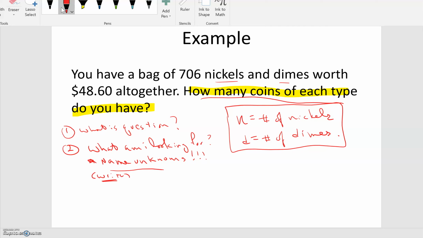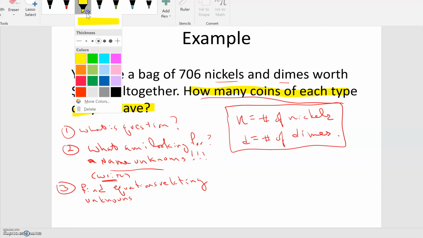All right, so now we're going to start looking for equations that relate the variables, that relate the unknowns. And this is the hard part, because you can't reduce this completely to just a formula. There is some practice involved in this that you just have to work through. One thing you can do is look for values.